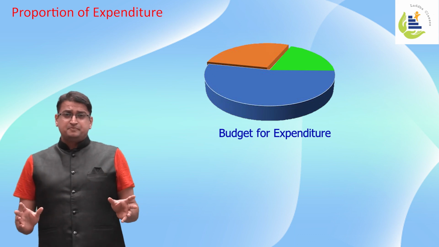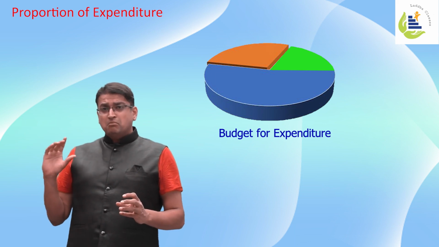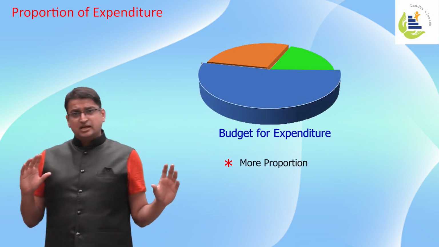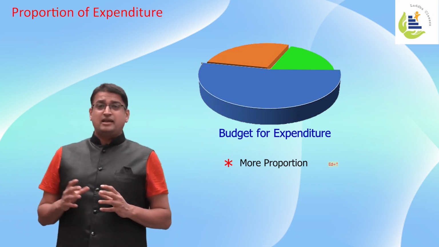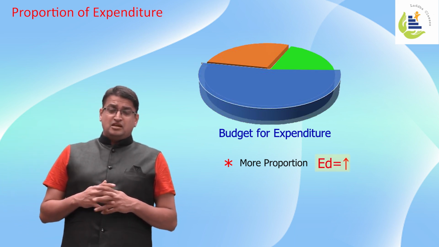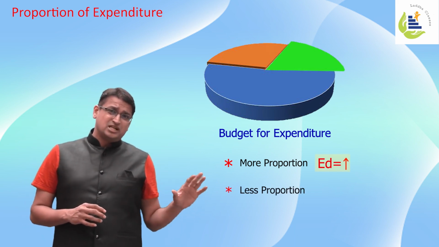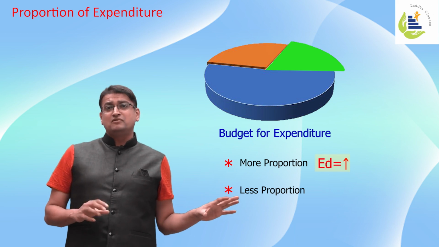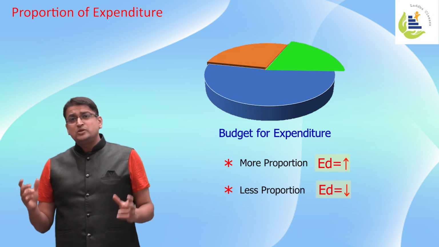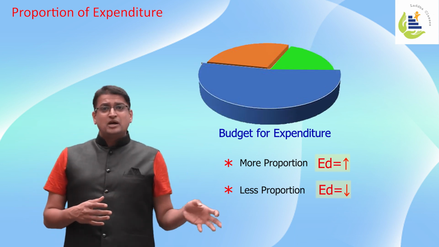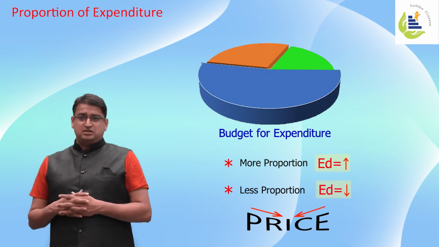In simple terms, if a commodity is contributing a large amount in my budget of expenditure, then its elasticity of demand will be high. If the commodity contributes very little to my total budget, its elasticity of demand will be very low. Very naturally, if a commodity contributes a lot to my budget, its price fluctuation will affect my demand.